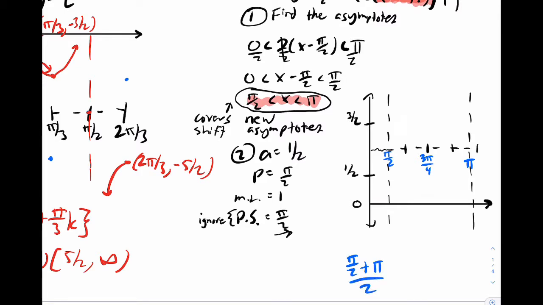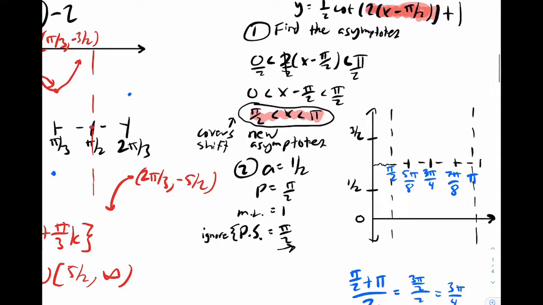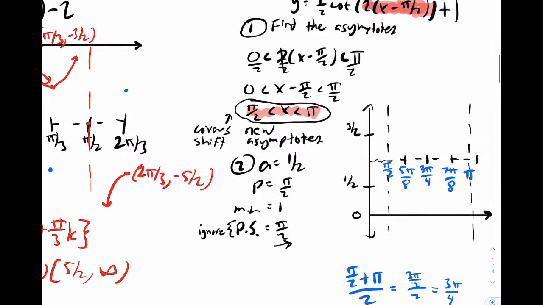So I'm basically finding the average. So if you simplify this, that would be 3 pi over 2 over 2, which is 3 pi over 4. So let's do that 2 more times to get the middle of the next one. So this is 7 pi over 8, and this one is 5 pi over 8. And now look at that, we have everything scaled.